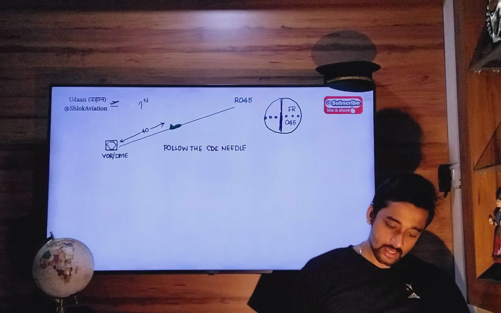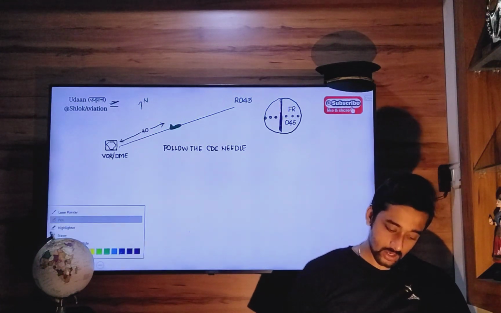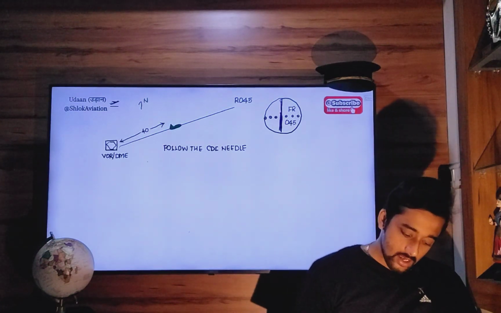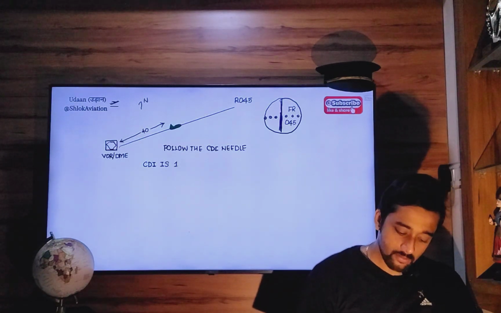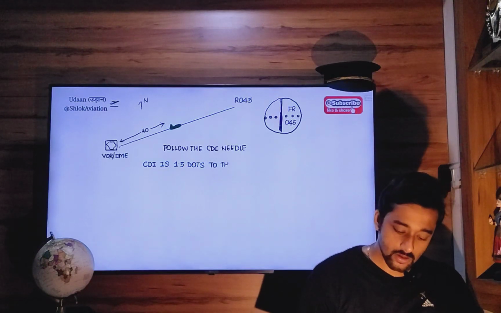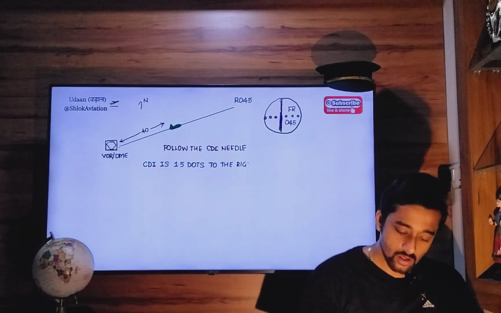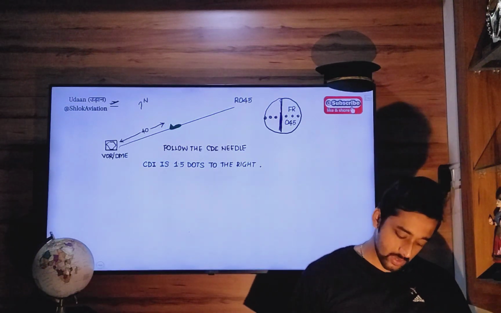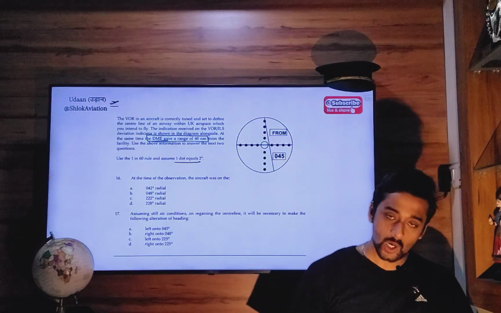Now in this question, the CDI is 1.5 dots to the right. 1.5 dots means how many degrees? 1 dot is 2 degrees.